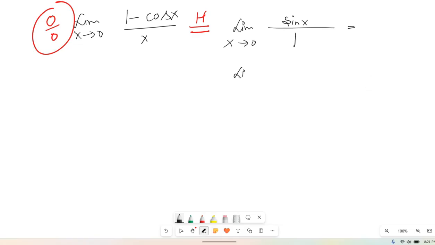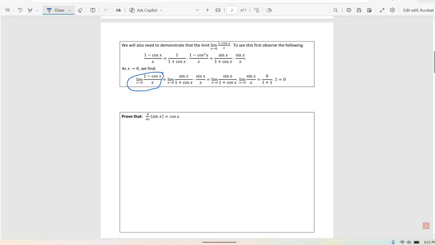So that is the limit as x approaches 0 of sine x, and that should be simply sine of 0 because sine is a continuous function. The answer is 0. So from all that discussion, we are going to simply get two formulas. The limit as x approaches 0 of 1 minus cosine x by x should be 0. Add this to your formula list.